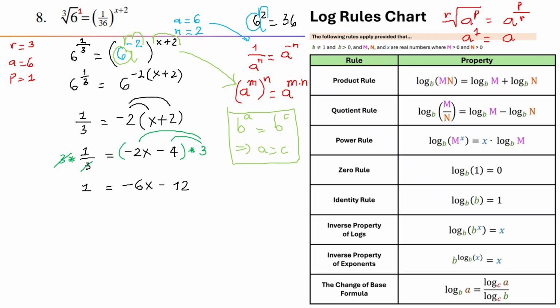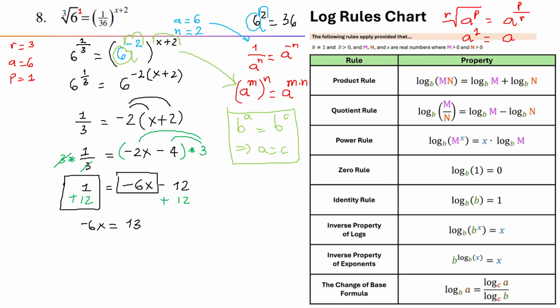Now we will add 12 to both sides. So we isolate the negative 6x, equal to 13. Negative 6x is from here, and then 13 is from here.